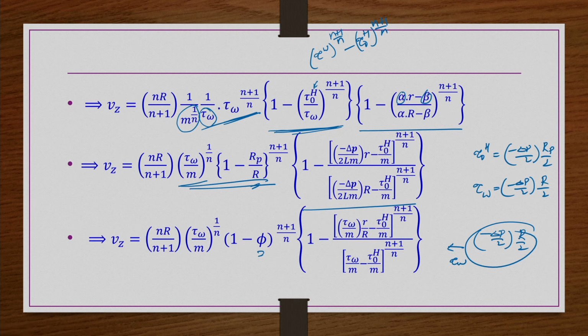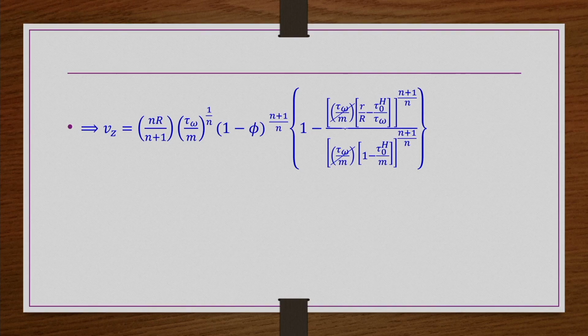In the next step, we take (tau w by m) whole power (n plus 1) by n common from these two terms, so that we have tau naught h divided by tau w in the second term, right. When you take this common, you get this expression, and then here we can cancel out.